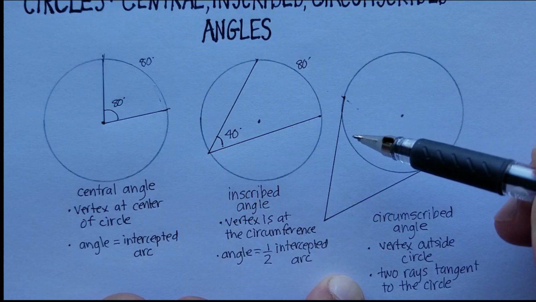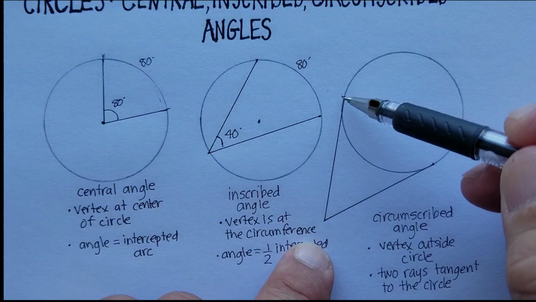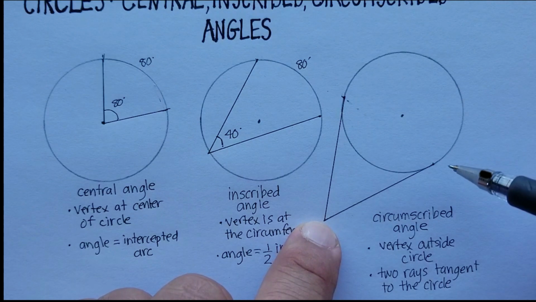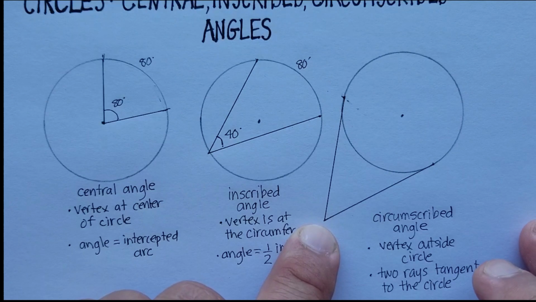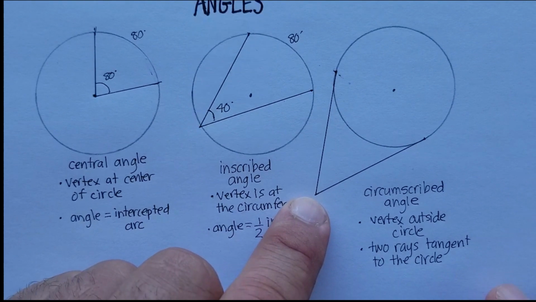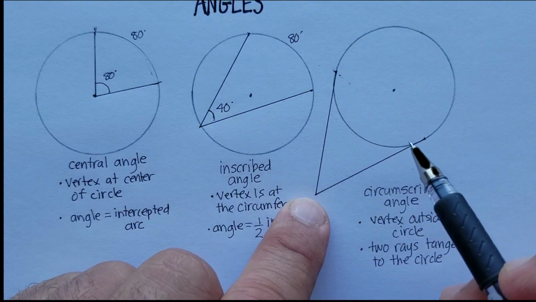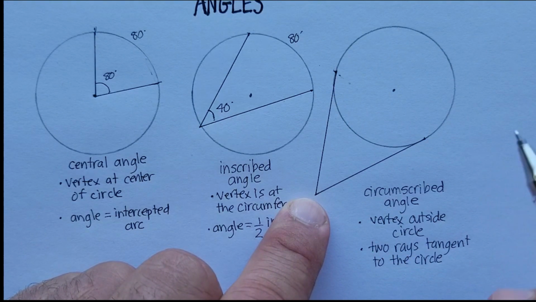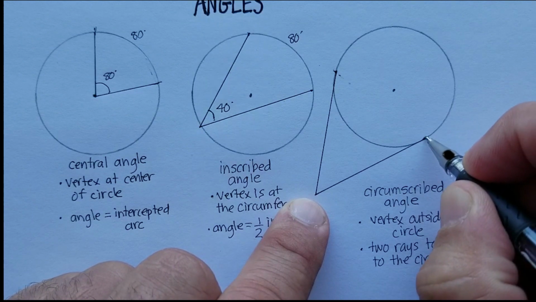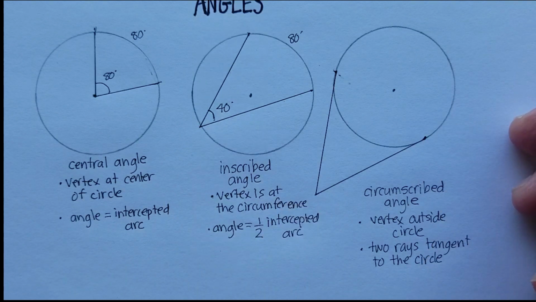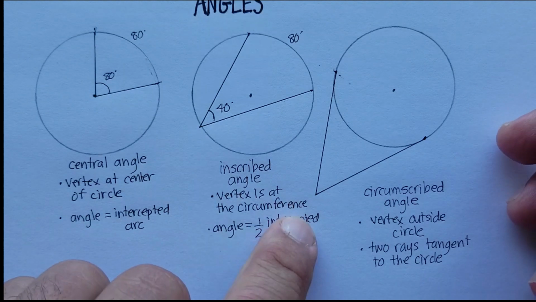Now, it doesn't have to be just a ray. It could also be a line, or a line segment, but for a ray, remember, it would just continue on in both directions. But the point is that a tangent line intercepts the circumference at only one spot. So there is just one point that intersects the circle.